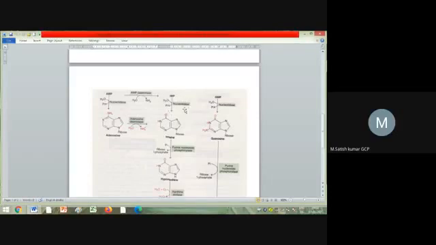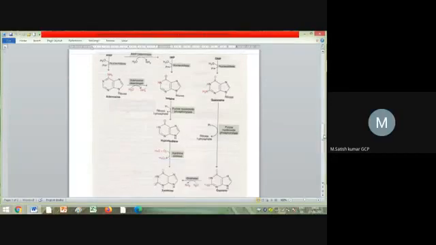In the second step, the phosphate molecule gets detached. This is called a dephosphorylation reaction. This reaction is favorable in the presence of the nucleotidase enzyme. The phosphate molecule is separated from the inosine monophosphate, converting it into inosine.